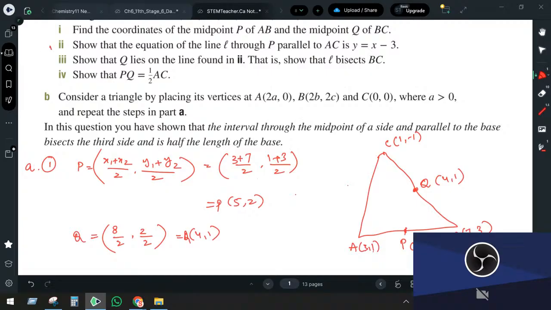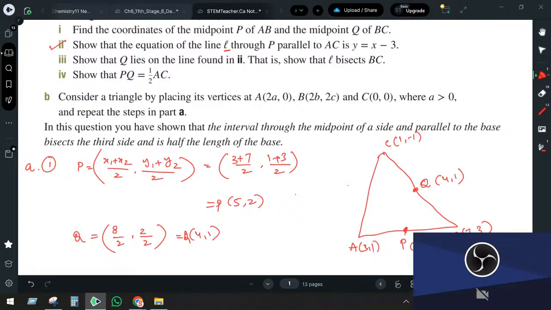What is the second part? Find the equation of L through P. He did not mention any L. Find the equation of the line through P. This is P, and through P it is parallel to AC.